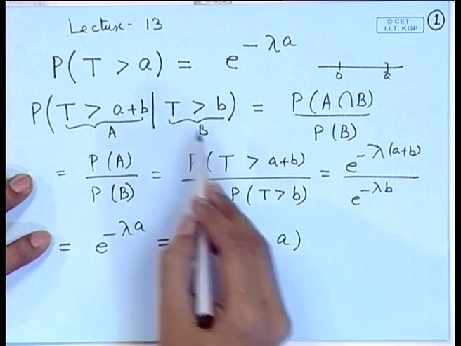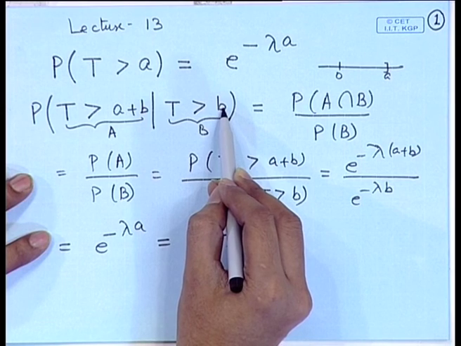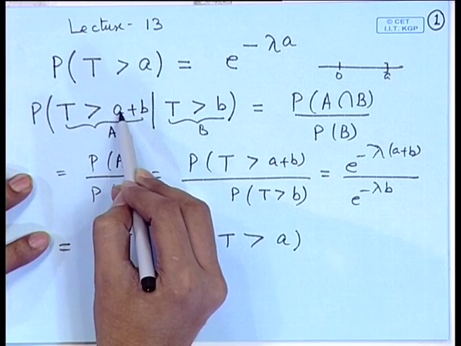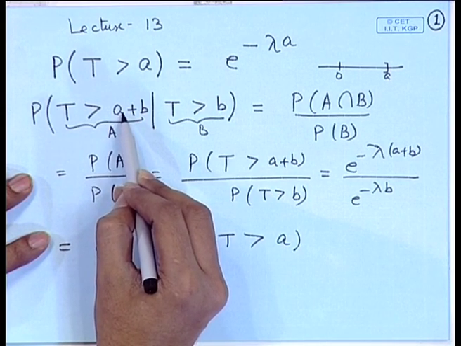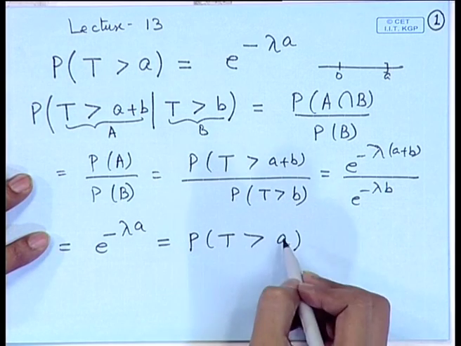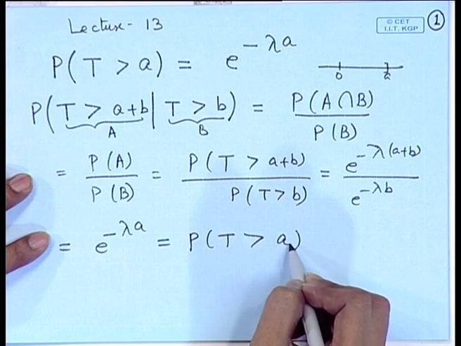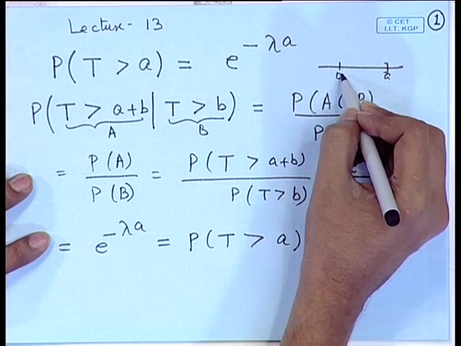So, this phenomenon represents that if the event has not taken place till time b, then it will not take place till an additional time a. The probability of that is the same as that the event will take place after time a starting from time 0.